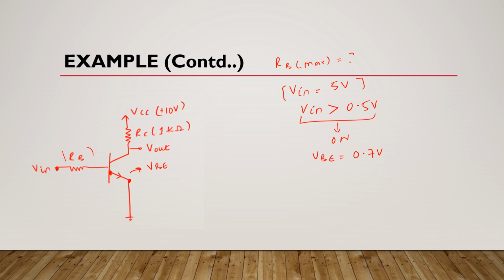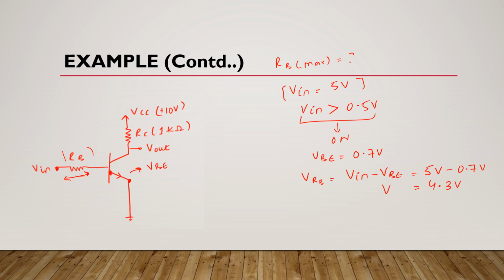Now we know that here we have 5 volts and here the voltage is 0.7 volts. It means the voltage drop across this resistor RB, which is VRB, is equal to Vin minus VBE. Here this Vin is 5 volts and VBE is 0.7 volts. So after solving this, you will get 4.3 volts.